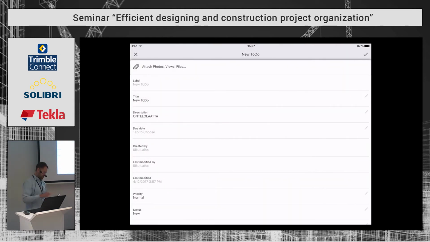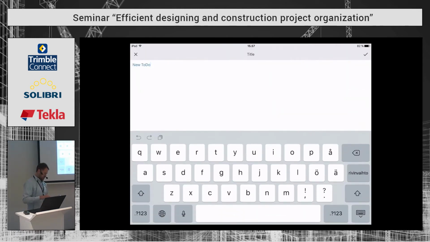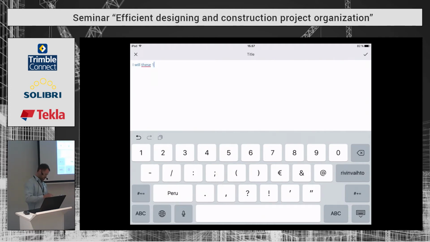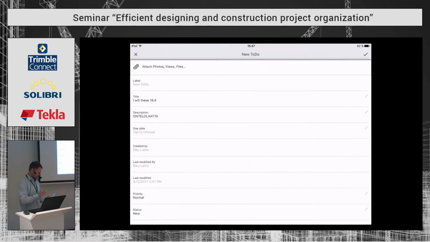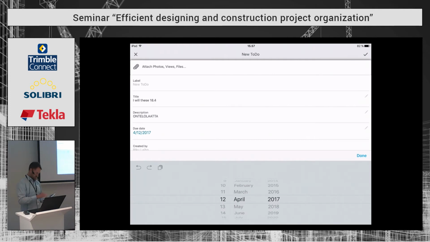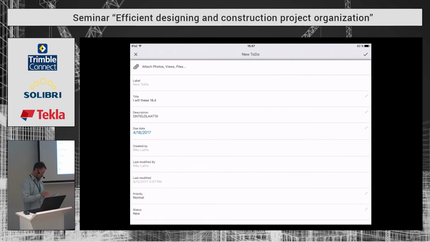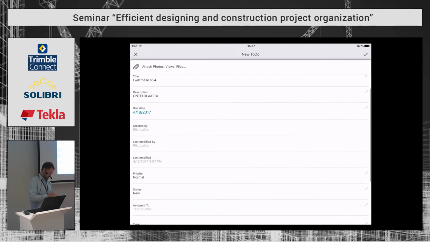And of course then I say that I will install these on the 18th. And then I can put the date here, 18th, and who will I assign it to.